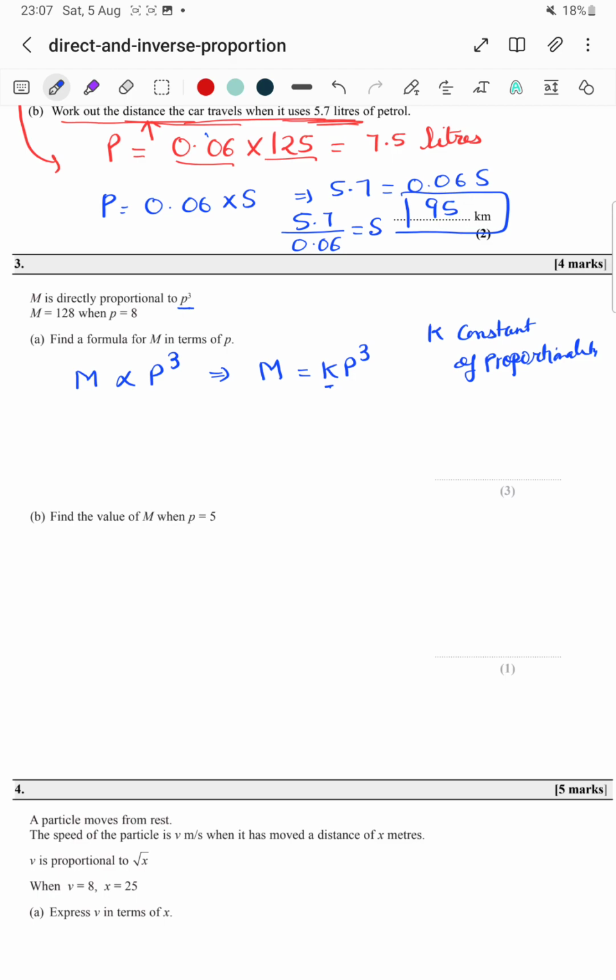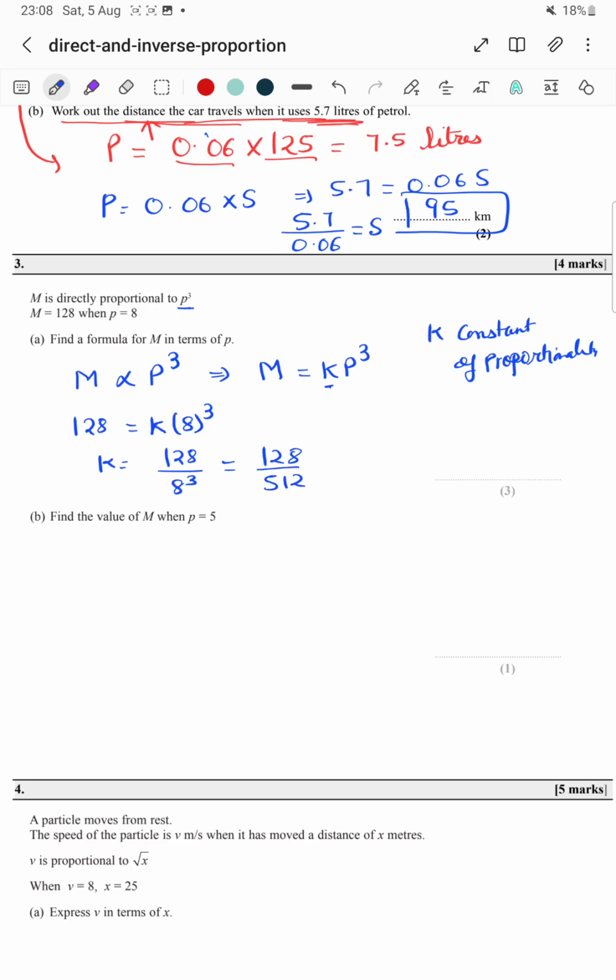Variables can be anything. Now they say M is 128 when P is 8. So it will be 8 cubed. So K will be 128 over 8 cubed. And if I solve this part, 128 divided by 8 cubed, 8 cubed means it will be 512.